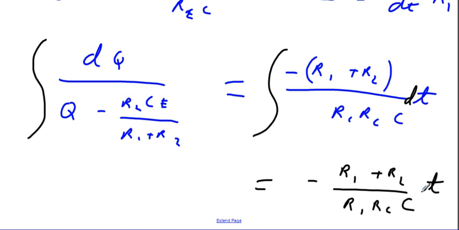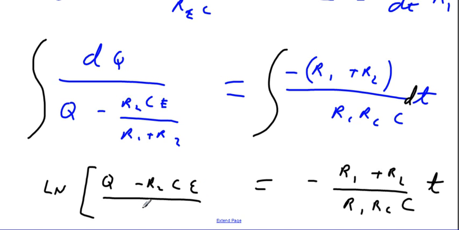Okay, and on the other side of the equation, I'm going to have the natural log of Q minus R2CE divided by R1 plus R2.